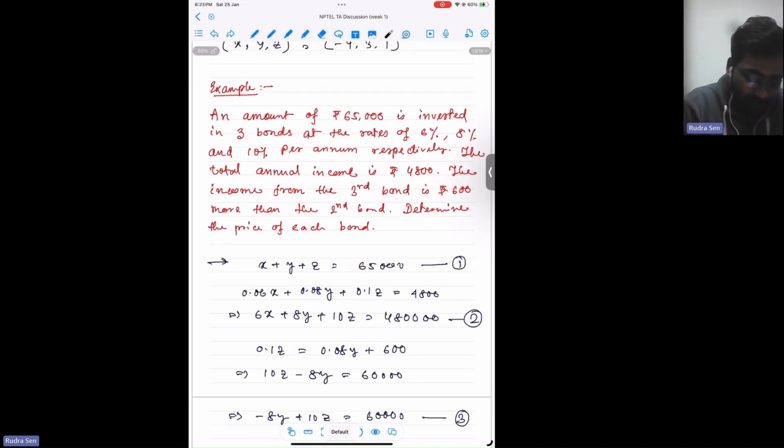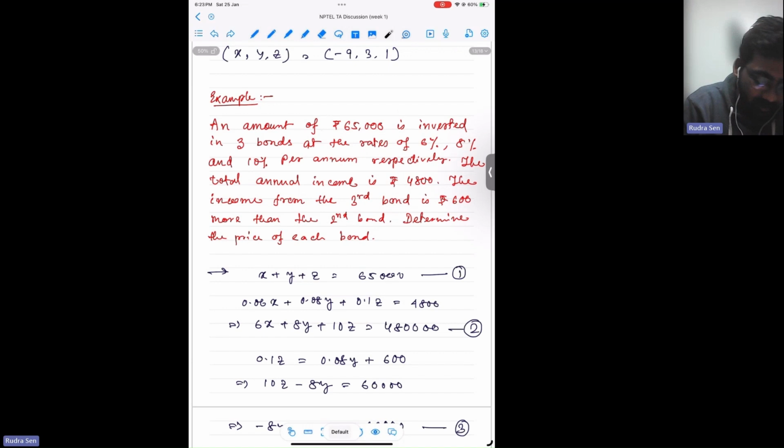Okay. So as usual, let's say x is the price of the first bond, y is the price of the second bond, and z is the price of the third bond. So x plus y plus z is 65,000. This is equation number 1. Next equation is 6% of x, so 0.06x plus 8% of y, 0.08y plus 10% of z, 0.1z equals 4,800.